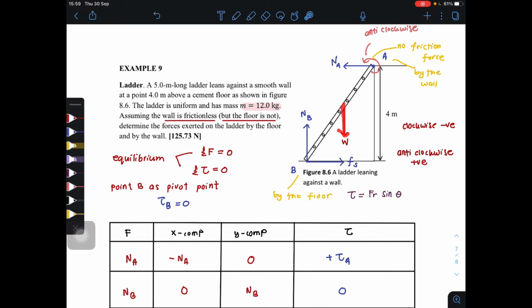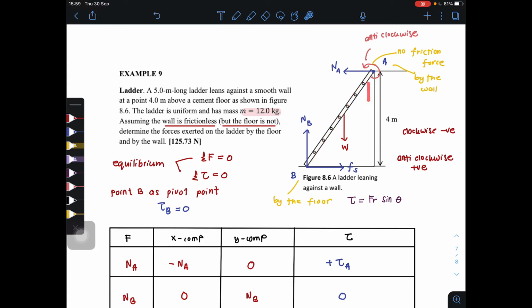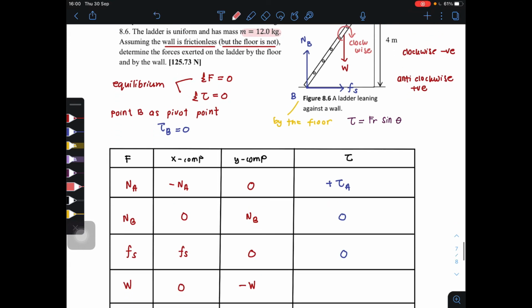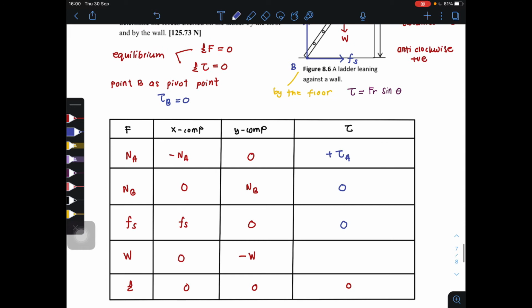If we push in this position, obviously it will go down. Okay, the direction will be like this. Can you see that? The direction will be like this because we push it downward. If we push it downward, it is not possible for it to go like this, right? That one is if we push it upward. So now we push it downward, the direction of rotation will be like this, which is clockwise. So if clockwise, it will be negative. So here, it will be negative torque W.